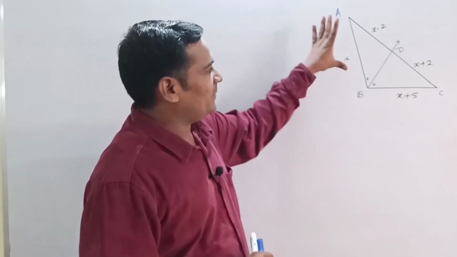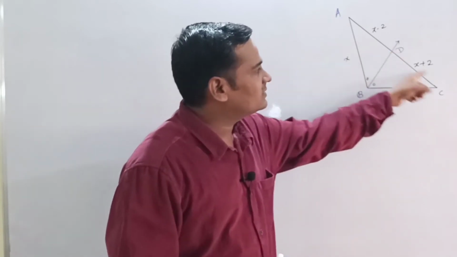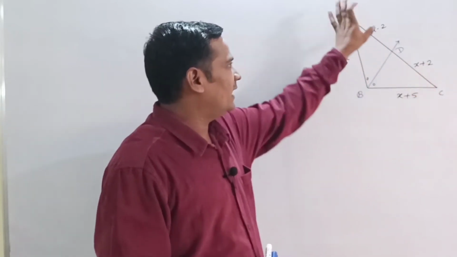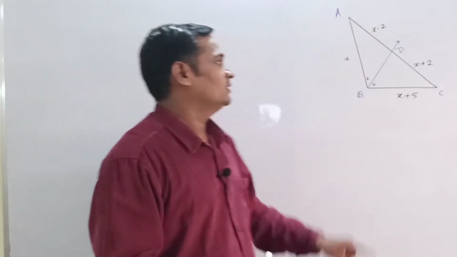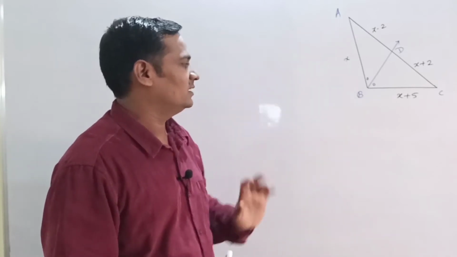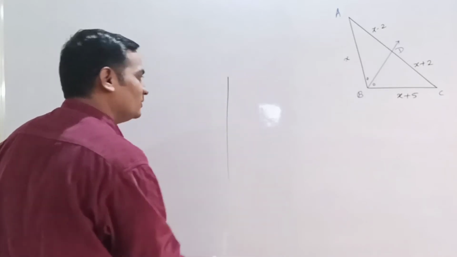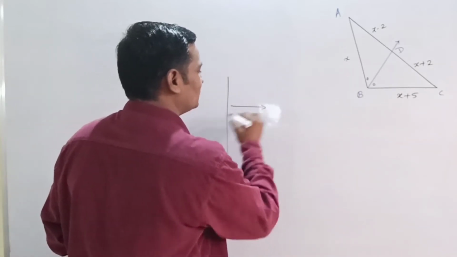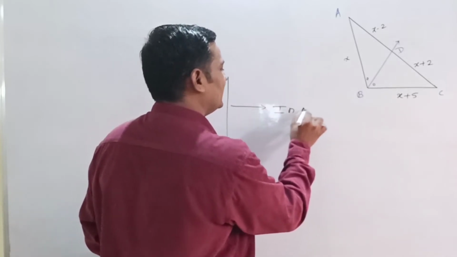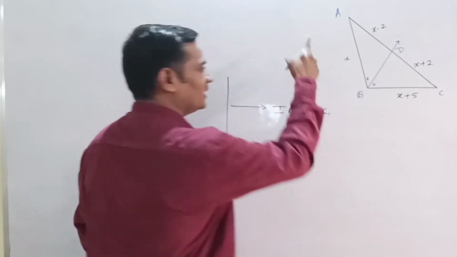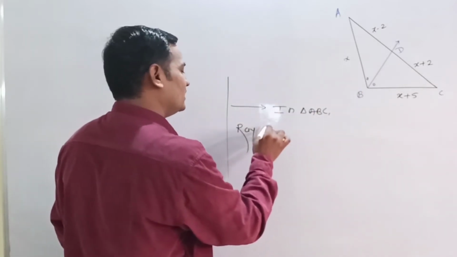Now AB is equal to x, BC is equal to x plus 5, DC is equal to x plus 2, and AD is equal to x minus 2. The question is to find x, that means the value of that x. So let's write down the answer similar to the previous one. So in a triangle ABC, look at this triangle ABC, a ray, now which ray is given?